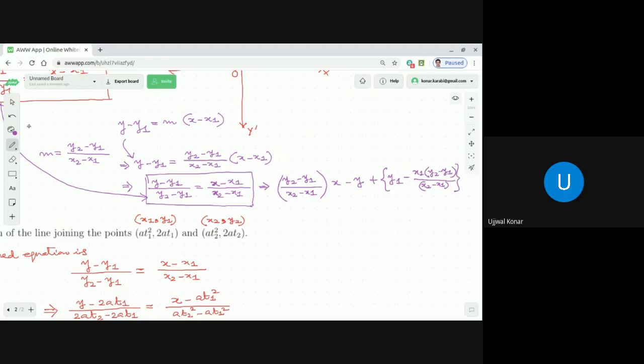So this is in the form of ax plus by plus c is equal to 0, dear students.